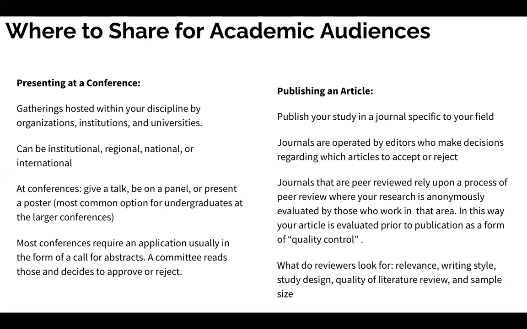They make a suggestion regarding whether it should be rejected or accepted, and they make that recommendation to the editor, who then usually ultimately has the decision to accept or reject your article.